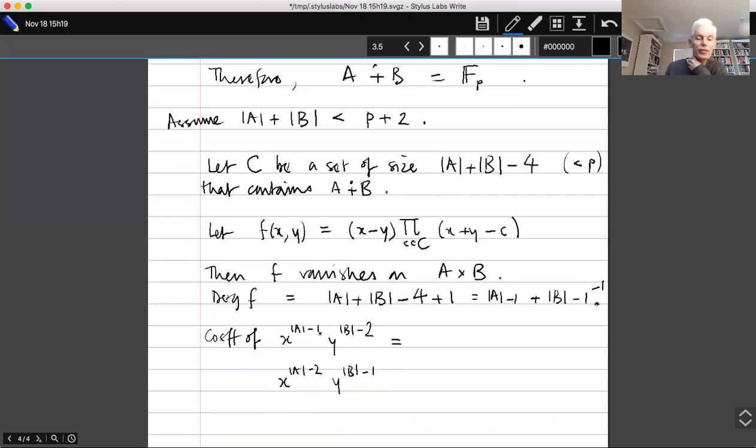So what's the coefficient of x to the size of A minus 1, times y to the |B| minus 2? We can get it in two different ways. We either get it from x to the |A| minus 2, y to the |B| minus 2 times an x, or we get it from x to the |A| minus 1, y to the |B| minus 3 times a minus y.